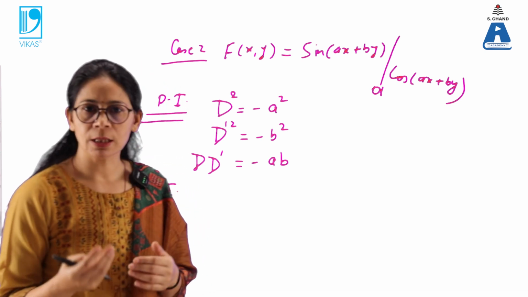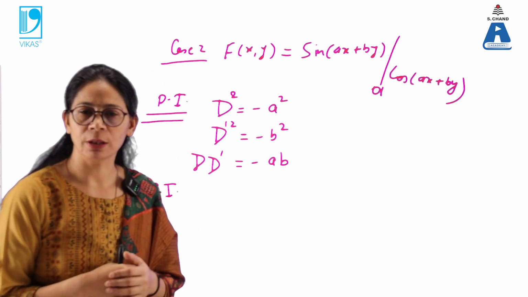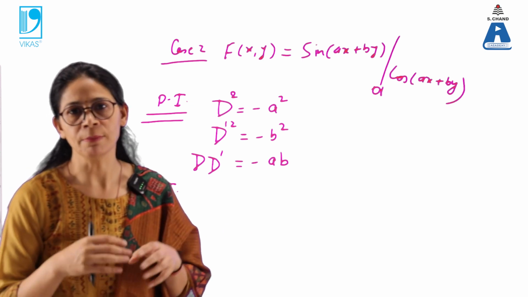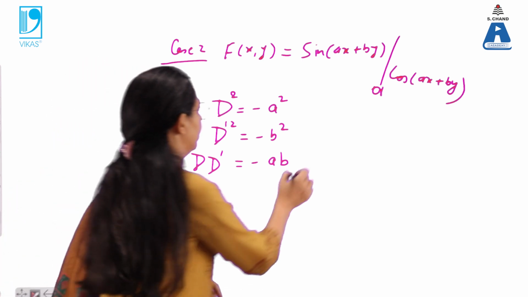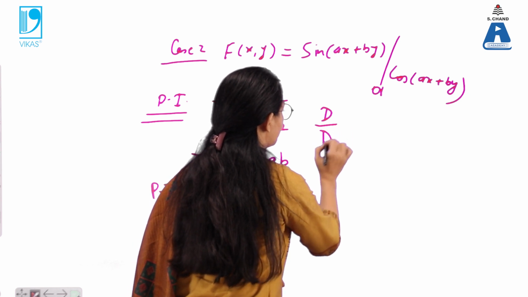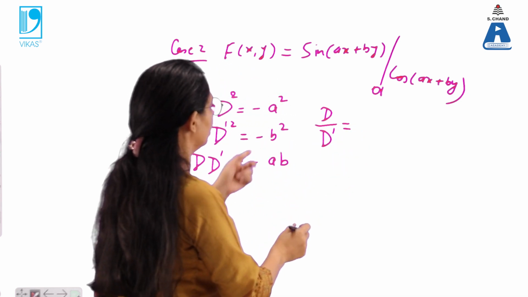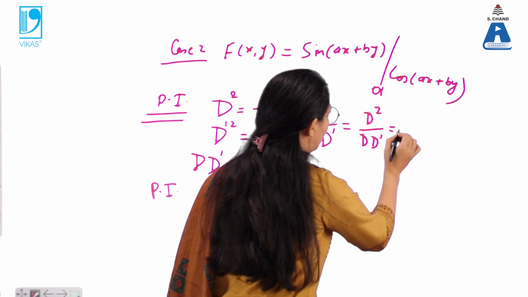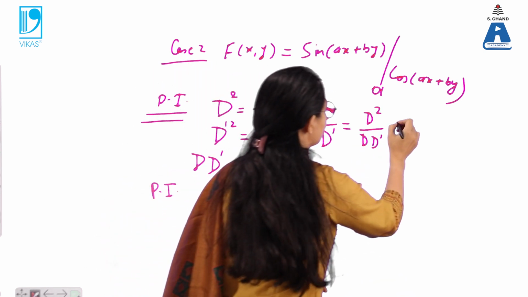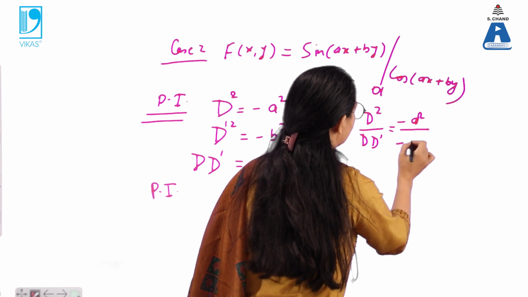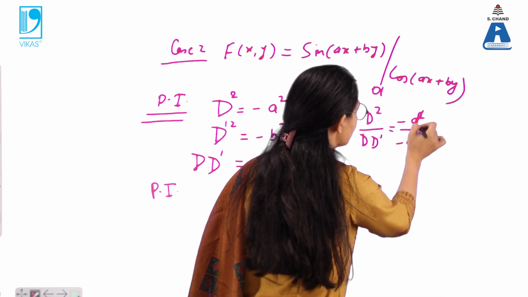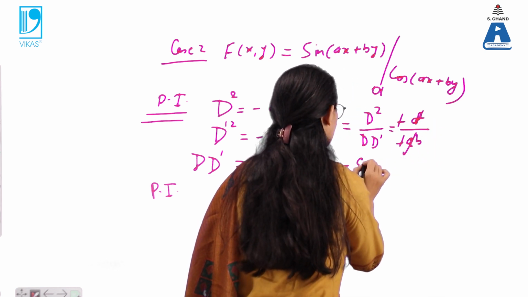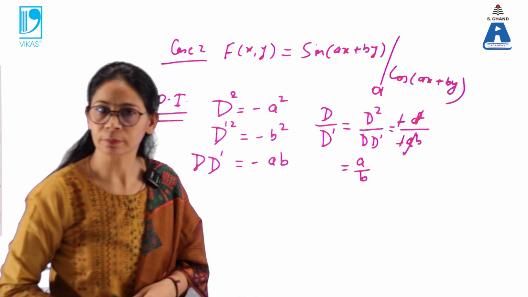Now if this f(D, D'), that is the left hand side, involves some terms like D by D', then they can be written as D square by DD', and D square can be written as minus a square, DD' can be written as minus ab, this gets cancelled, so it will be replaced with the a by b form.